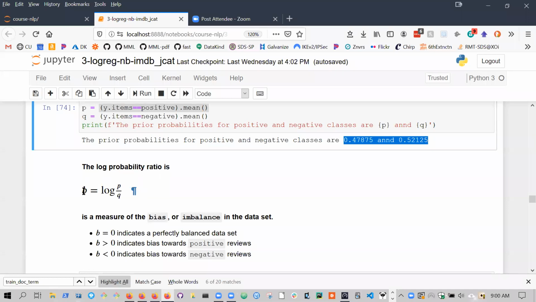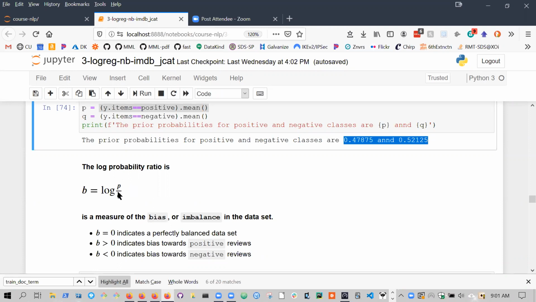If the reviews were equally balanced, if there were as many positive reviews as negative reviews, then B would be 0. If B is greater than 0, then there's a bias towards positive reviews. If B is less than 0, it indicates a bias towards negative reviews. That's just from this definition, right?